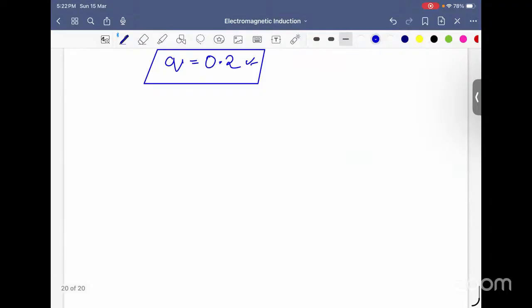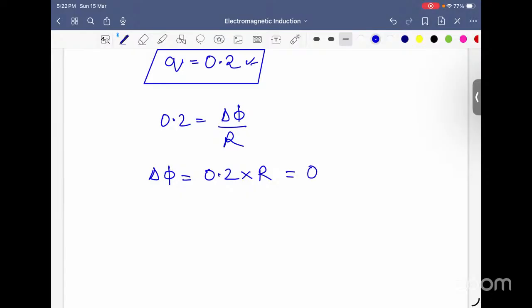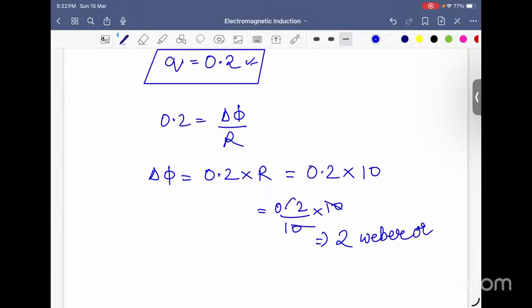Now for the magnitude of change in flux. As per the formula, Q equals change in flux upon resistance, so the change in flux is 0.2 into the resistance value. The resistance is given as 10 ohm, so when we solve this we get 2 Weber change in flux, or you can call it Tesla meter square, as per the formula B dot A. Let's move on.